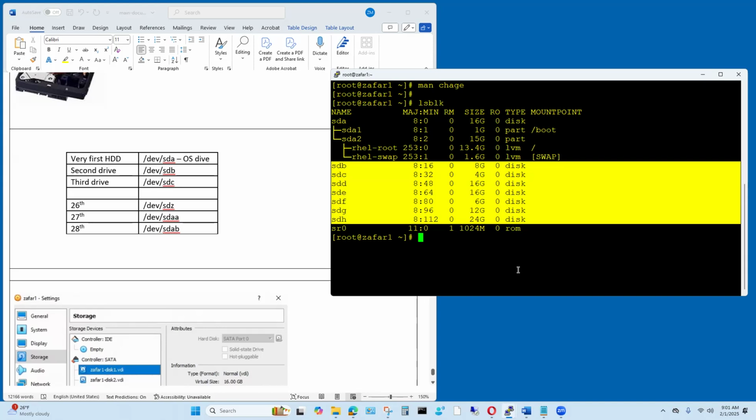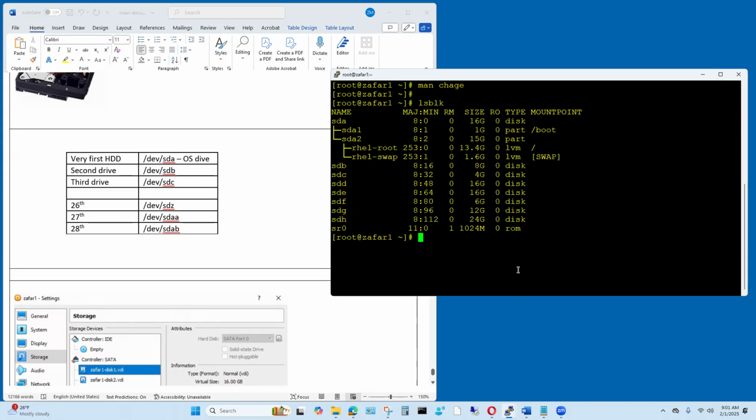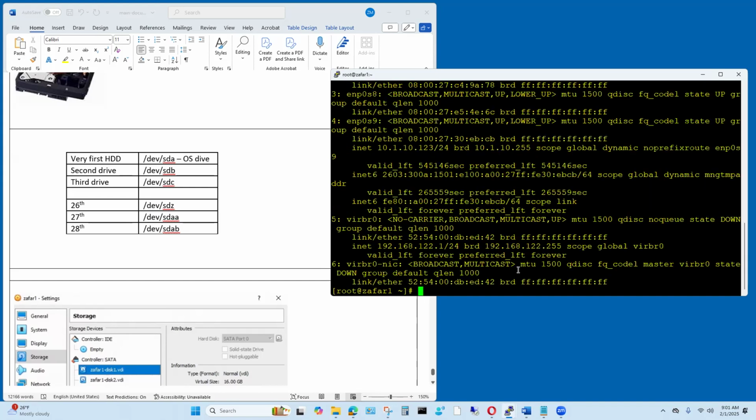First I made one virtual machine and configured it, and then I cloned it so that everybody has the exact same thing. Oh, okay. Thank you. But if you do ip a and look at the IP address, the one that starts with 10.1.10, that one is 123.